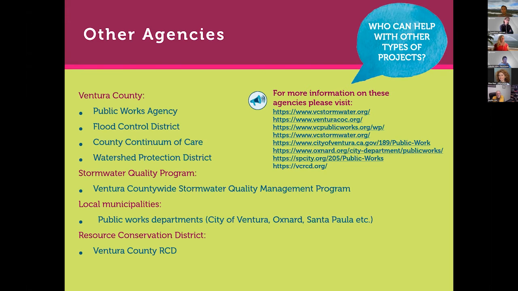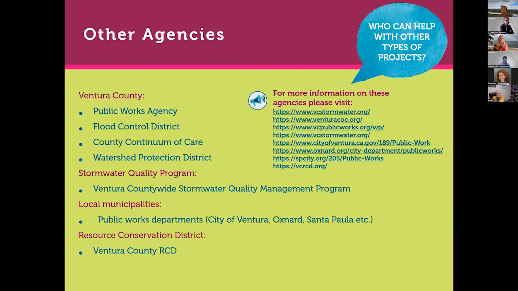There's also all the local municipalities, the cities that you can reach out to, and the RCD, as I mentioned previously. And you'll see these links up at the right-hand corner of your screen. Laura, did you want to say anything about the stormwater program and some of the work that you do?